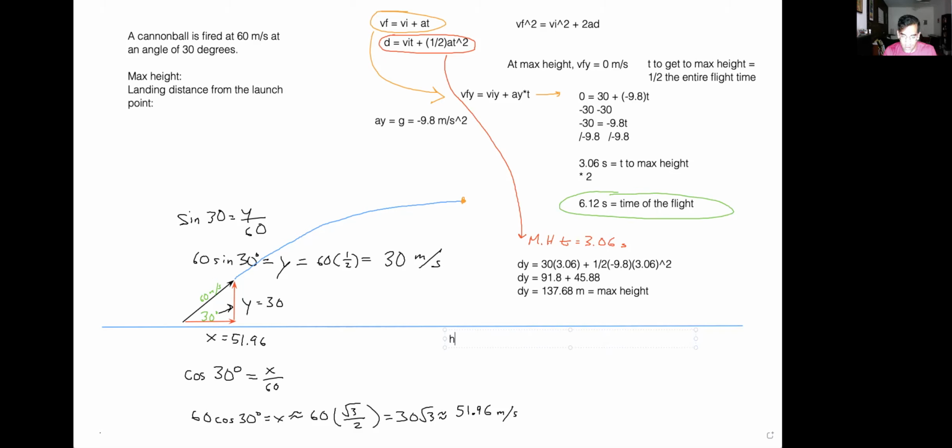Horizontal acceleration, or ax, is equal to 0 meters per second squared. In other words, the only acceleration on the cannonball is vertical, all right? There is no force acting on that cannonball in a horizontal fashion that is changing its horizontal speed. In other words, the horizontal initial velocity remains the velocity for the entire flight, okay?